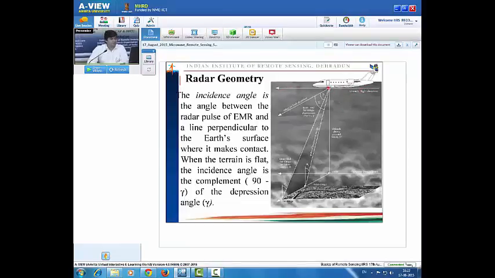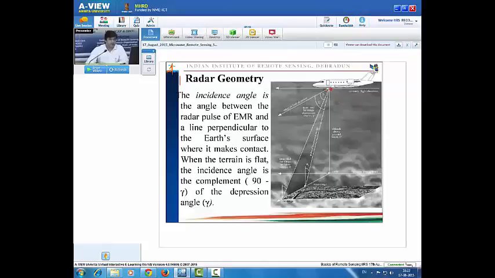Now, all the SAR sensors are side looking radar systems. Here sometimes I am using SAR, sometimes I am using radar. In the next few slides I will go into detail why. SAR is generally synthetic aperture radar. So don't be confused with the names radar and SAR. Whatever I am saying is related to the radar sensor only.